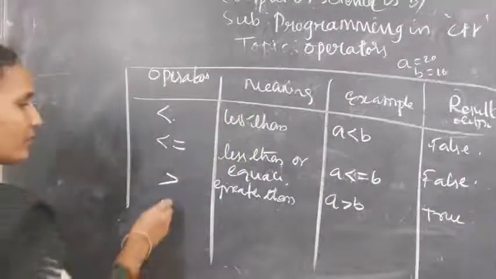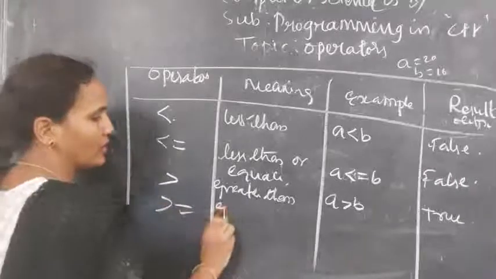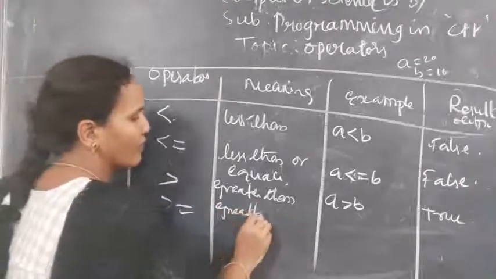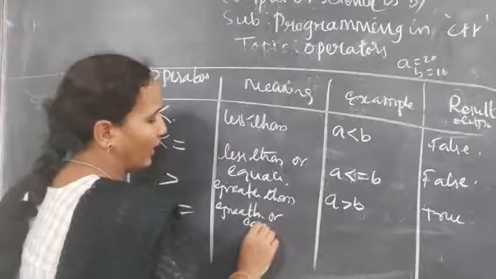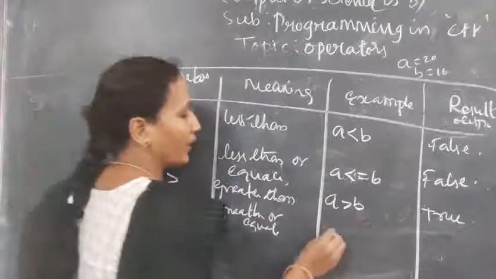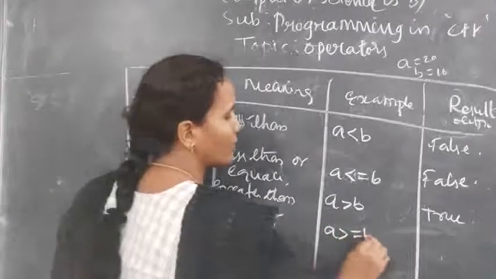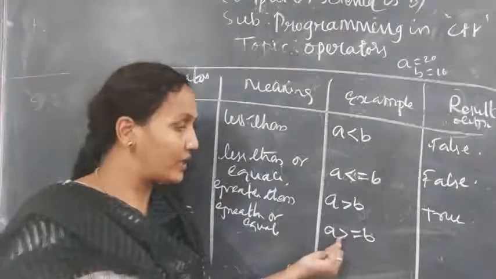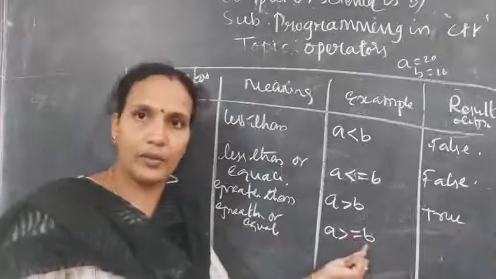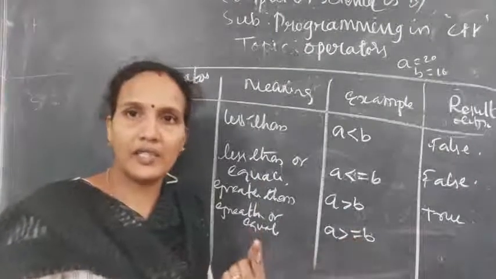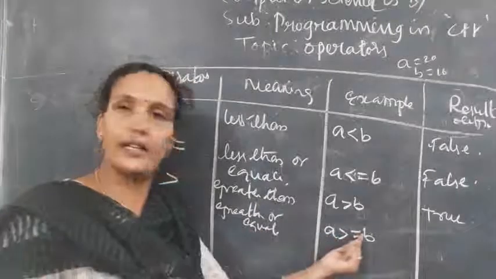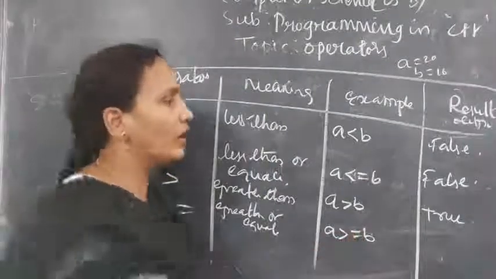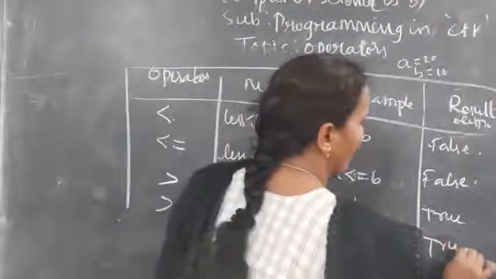Now greater than or equals to: A greater than or equals to B. Here I am checking two conditions, greater than B or equals to B. At least one condition should be satisfied. Here A is greater than B, so the condition is satisfied and you will get a true result.